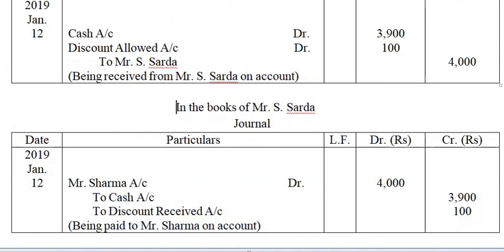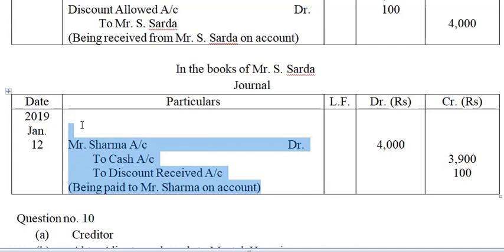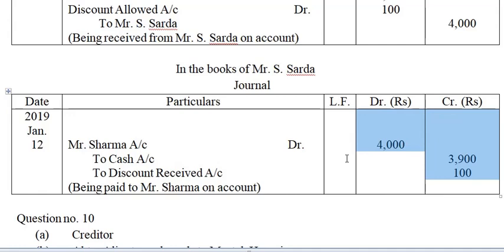Okay, now in the books of Mr. S. Sarda, it should be Mr. Sharma account debit to cash account to discount received. So the entry will be like this in the books of Mr. S. Sarda. Okay. But in the books of Mr. Oh, sorry, it's in the ledger of the Mr. Sharma. No, sorry.